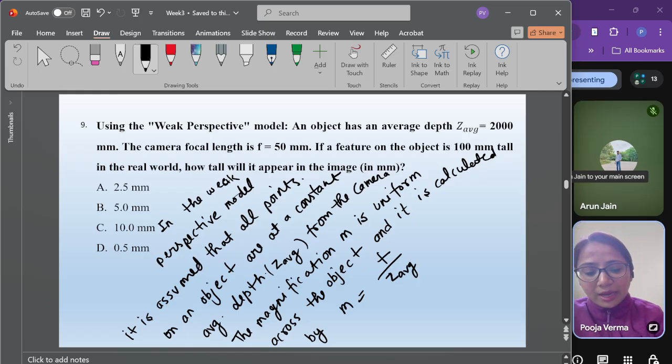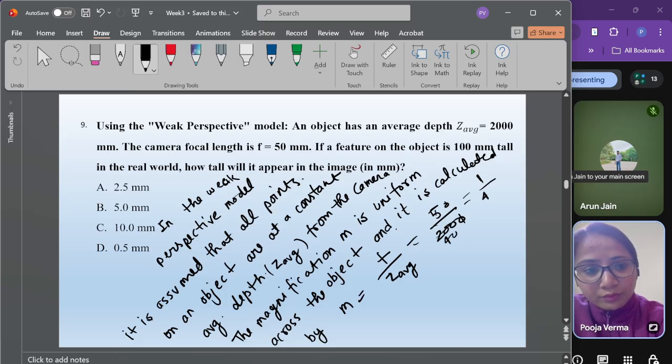Okay, so this is the magnification. First, we will calculate the magnification. F, that is focal length, is given as 50 and Z average is given as 2000, right? So 1 by 40, so overall you will get 0.025.